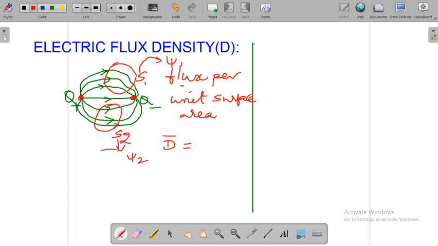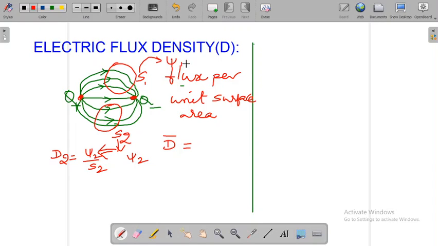In this case, the flux density D2 is nothing but flux per unit surface area. In the numerator we have the flux, in the denominator the area, so we can write this as psi 2 by S2.